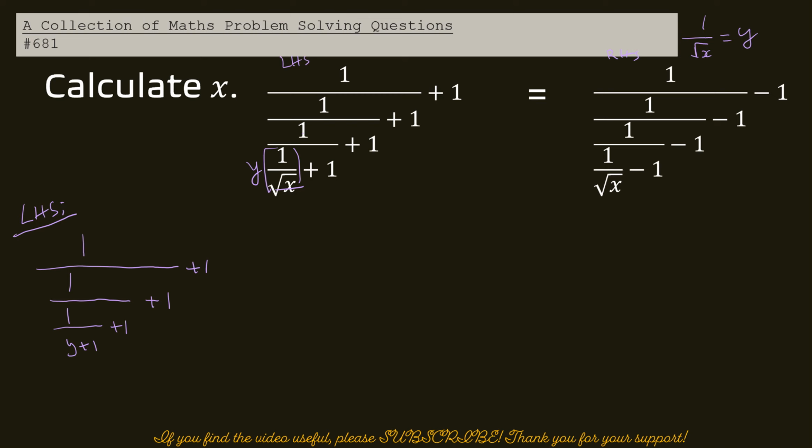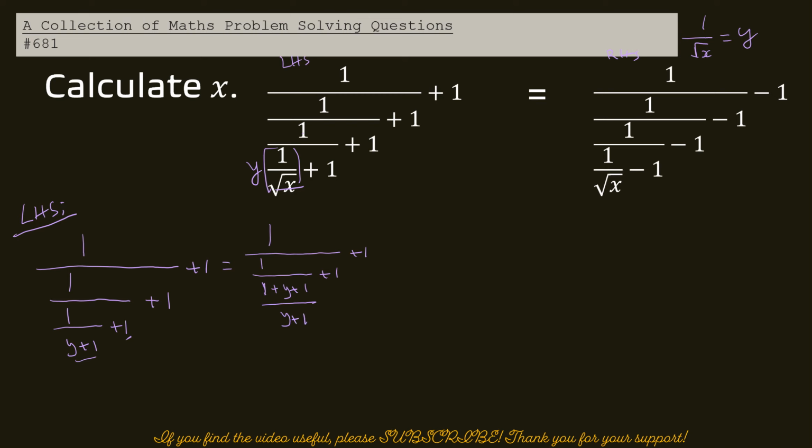So that's my left hand side, and that would come down to 1 divided by plus 1 and 1 divided by plus 1 and 1. Now this y plus 1 and 1 I've got to multiply, so 1 plus y plus 1 divided by y plus 1.